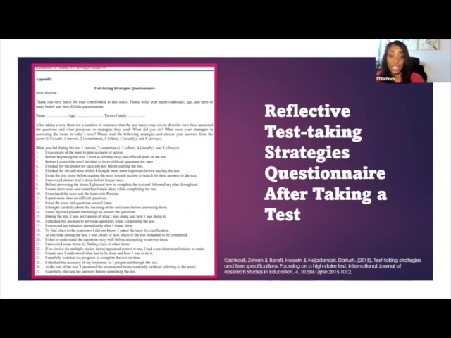I like some of these questions. I spent more time on difficult questions, yes or no. I read the text question several times. Did you do that? And then you give it a rating on the Likert scale there. So 1 is never, 2 is sometimes, 3 is often, and 5 is always.